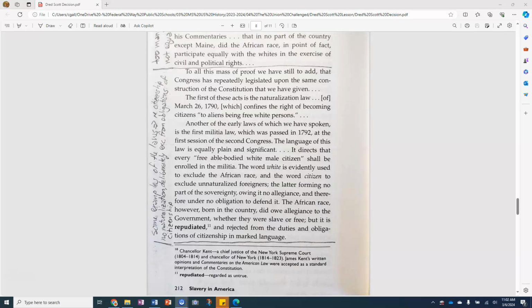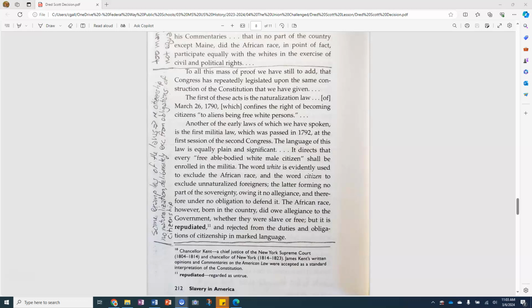Another of the early laws of which we have spoken is the first Militia Law, which was passed in 1792 at the first session of the Second Congress. The language of this law is equally plain and significant. It directs that every free, able-bodied white male citizen shall be enrolled in the militia.